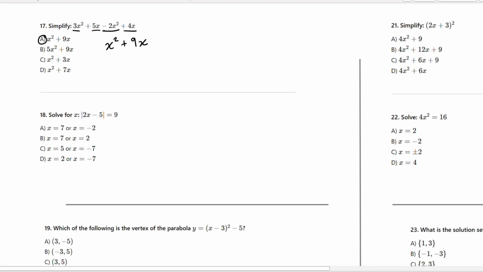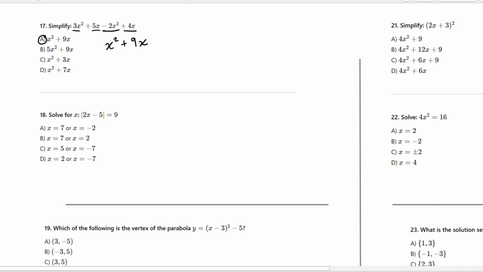Alright, so for number 18, it says solve for x, and it says absolute value of 2x minus 5 equals 9. So for this one, most kids would just graph it. What I would do first, graphing is really just like checking your work. I feel like graphing is the second step after you finish the first.